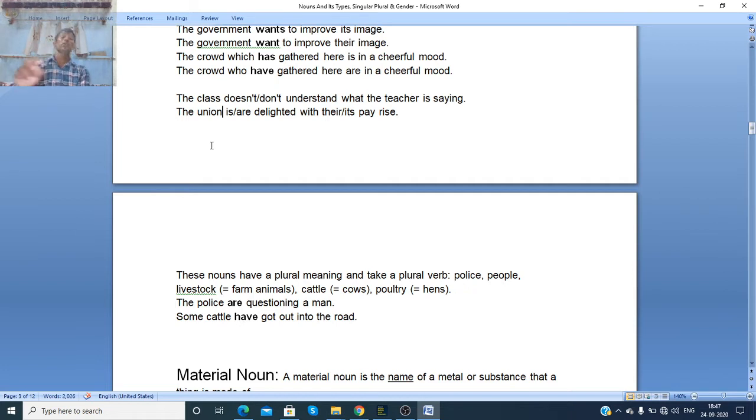And when we see that group of people or animals as one unit, and all of them are the same, we use singular, like: the class doesn't understand what the teacher is saying, when all of them are not understanding. The union is delighted with its pay rise, when all of them are delighted with its pay rise.